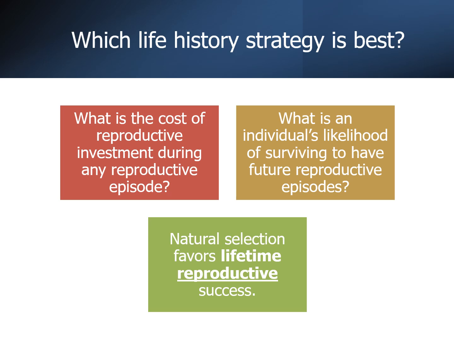The second question we have to ask is, what is an individual's likelihood of surviving to have future reproductive episodes? So when we talk about those prey species, what we're saying is, how likely are you to make it to your next season to reproduce?